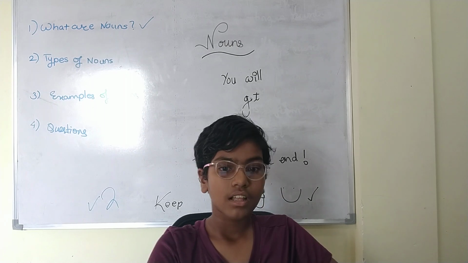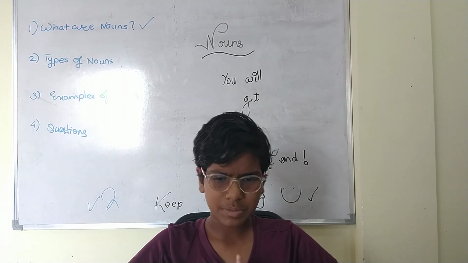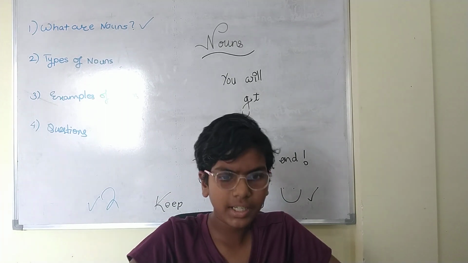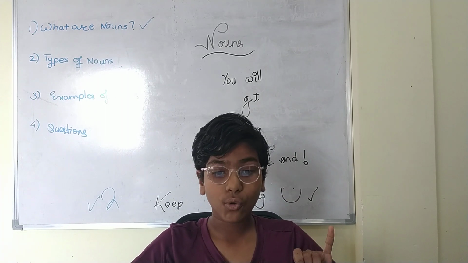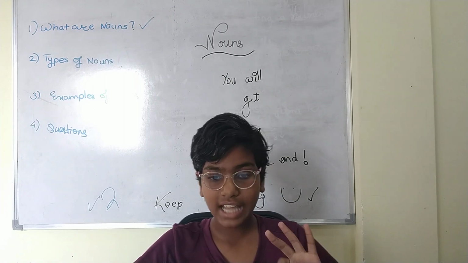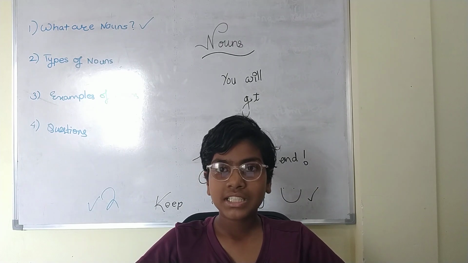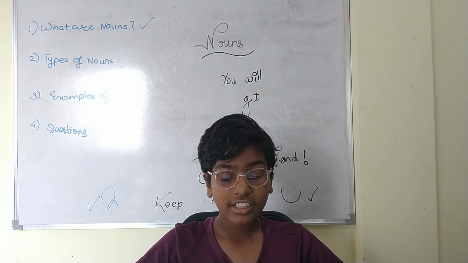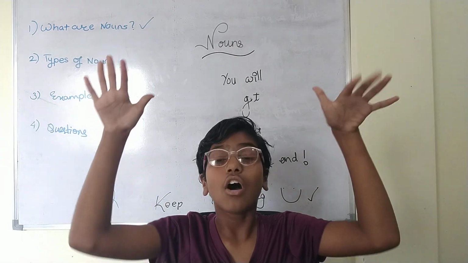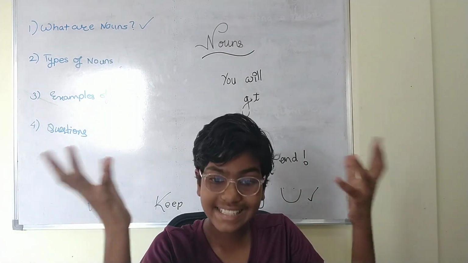Material noun. Material nouns are the names of materials or substances from which different things are made, like flour, cement, iron, steel, wood. Like cement means it's used for making concrete, and it also becomes concrete in itself.